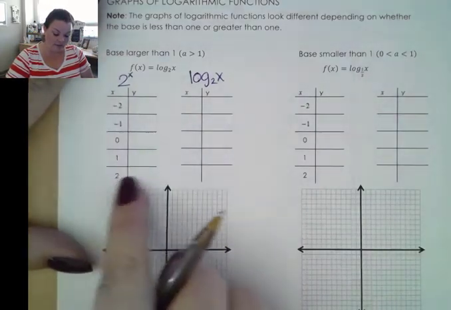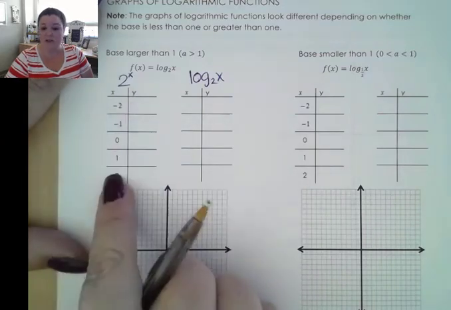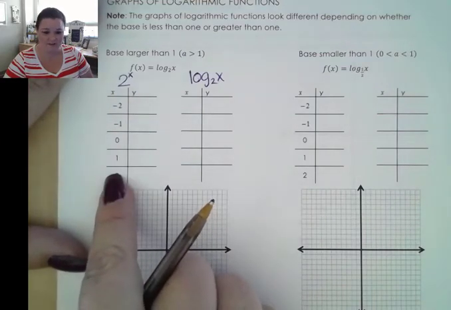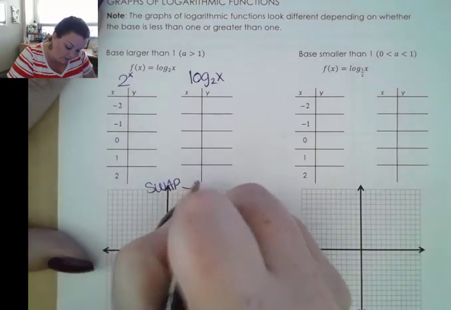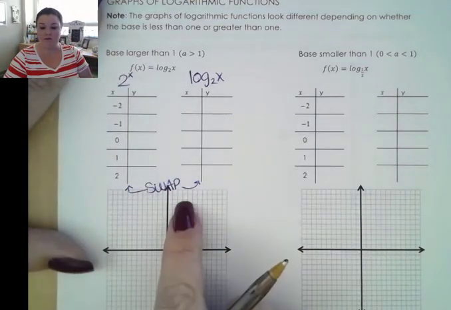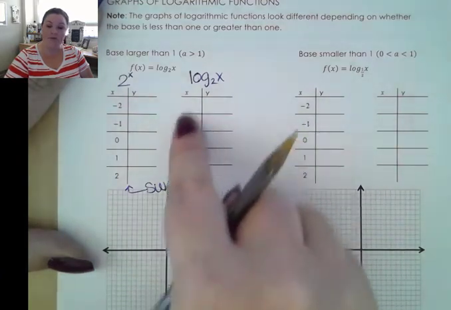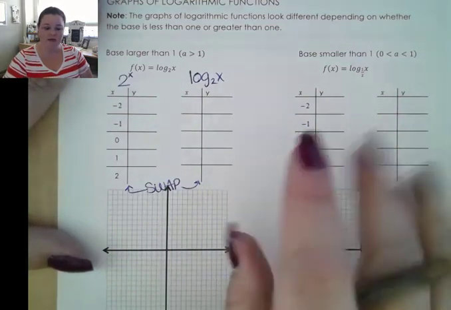So if I can come up with a table of values for 2 to the x, which I know we can do because we did it in the last section, then all we have to do is swap all of our x and y values, and that gives us a table for the log function. Okay? So that's what we're going to do.